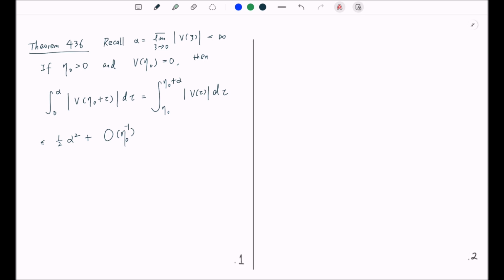In the proof, you will see that you may replace this alpha by something else. But then you have to change this big O of eta naught inverse to something else. Later, we're just going to use this lemma for the integral from 0 to alpha, and that is why we state it in this way.